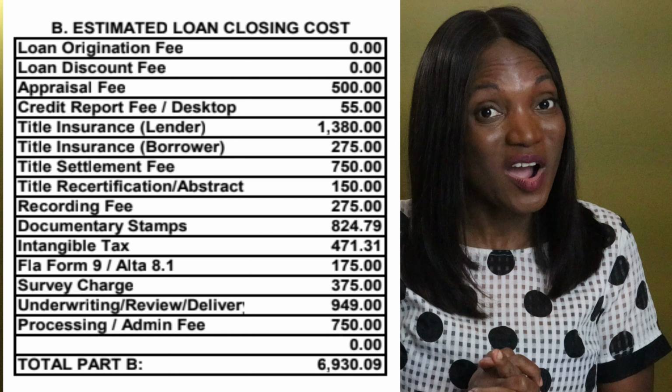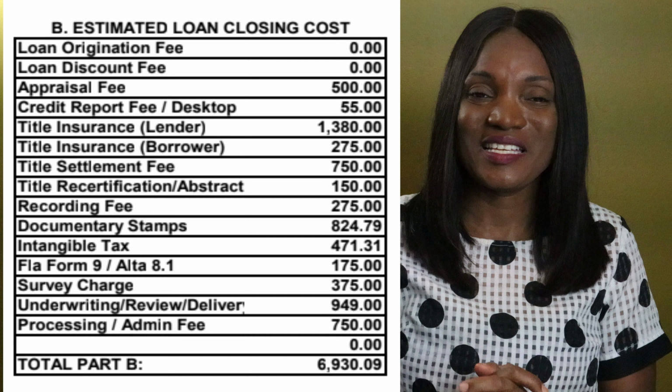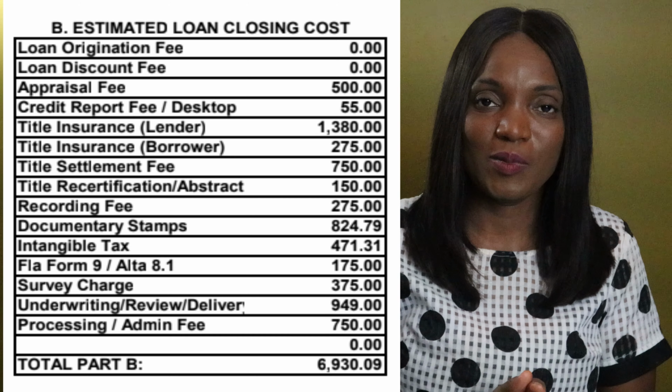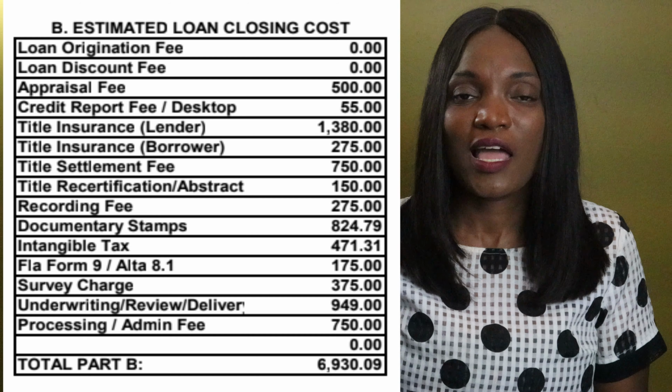There's one more cost that we need to attach to give you your total closing costs that you will be needing for this transaction, and those are the prepaids. Now, what are prepaids? Prepaids, as the name suggests, are payments that you will have to make in advance.